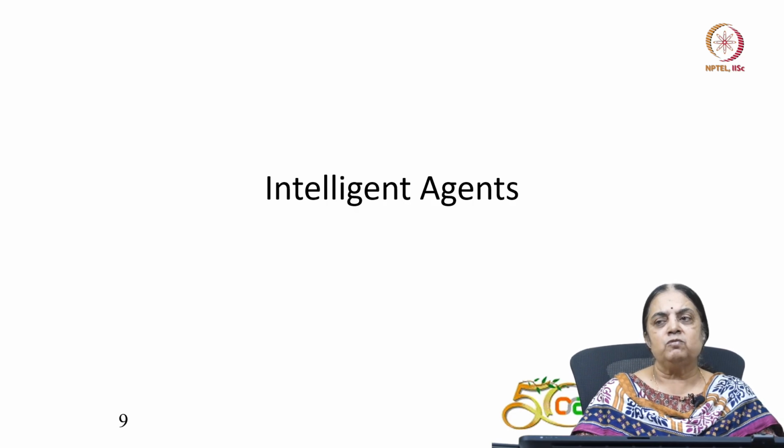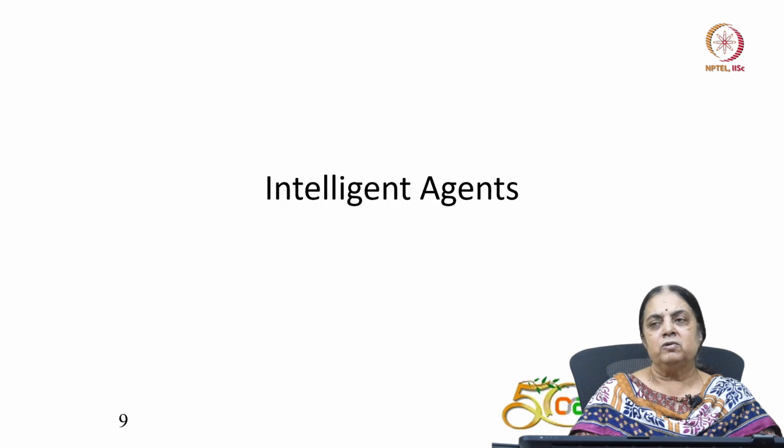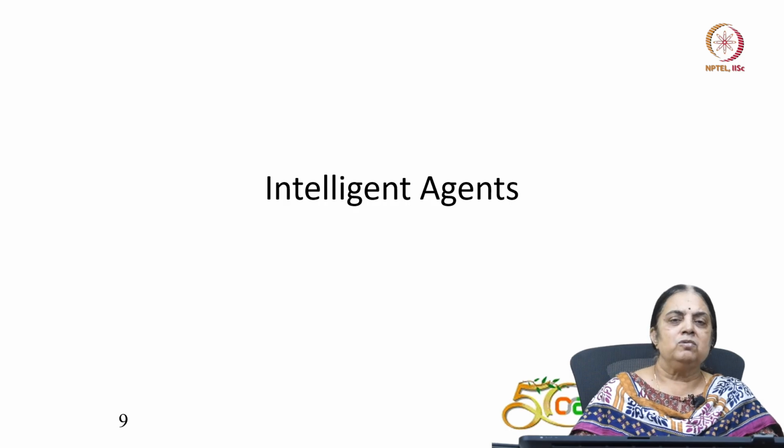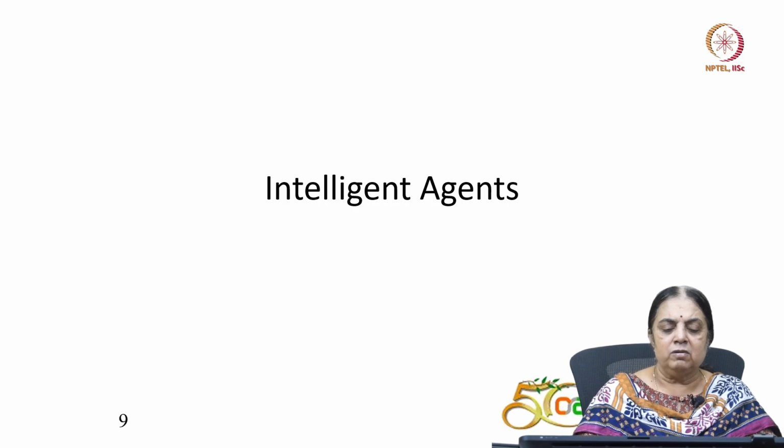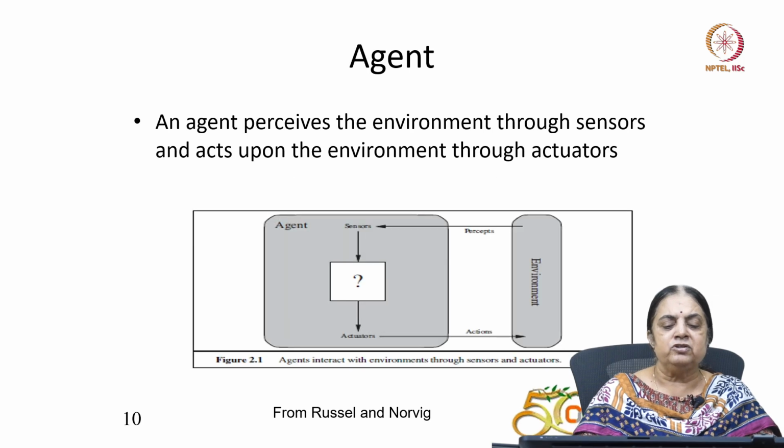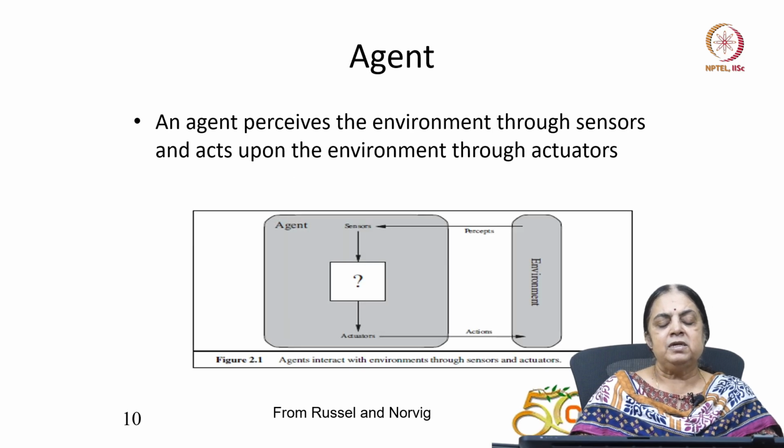Okay, in other words, what is an agent? An agent is a machine which carries out or acts according to the decision that it takes, right? So let us see what an intelligent agent is basically. If you consider the environment, you have an agent which perceives the environment around it.